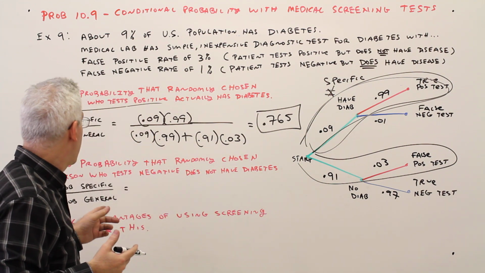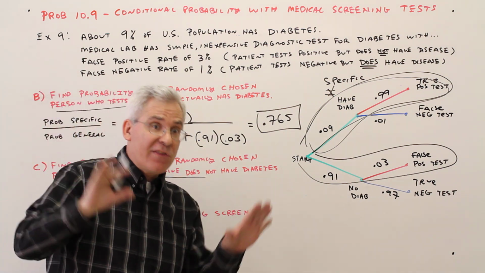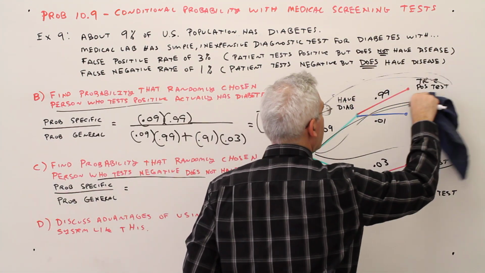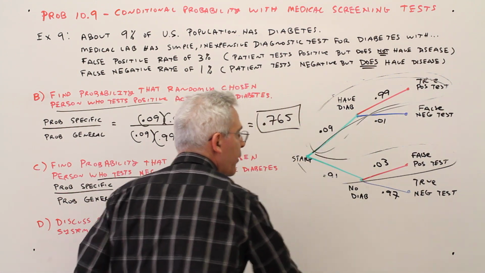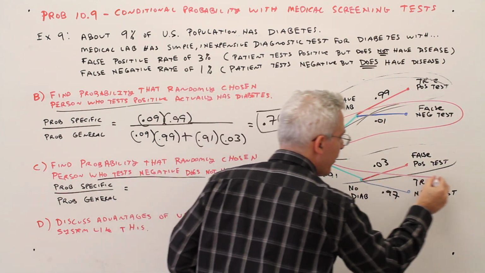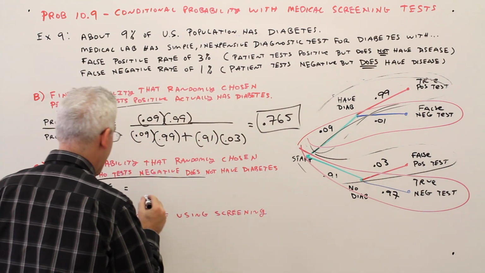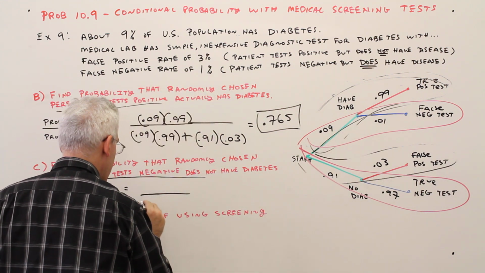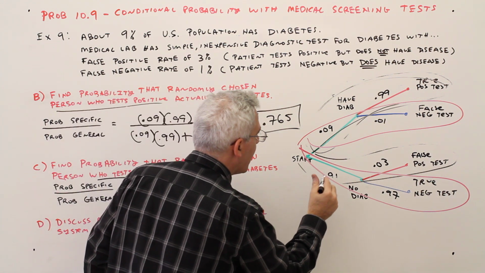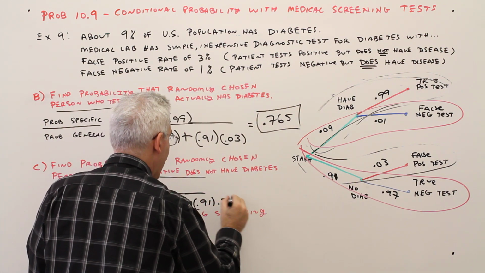Okay, let's do part C. Find the probability that a randomly chosen person who tests negative really doesn't have diabetes. I'll do some quick erasing here. So testing negative, I'll go red here. Here is a negative, and here is a negative. Those would be my generals. So for my general, that would be 0.09 times 0.01 plus 0.91 times 0.97.